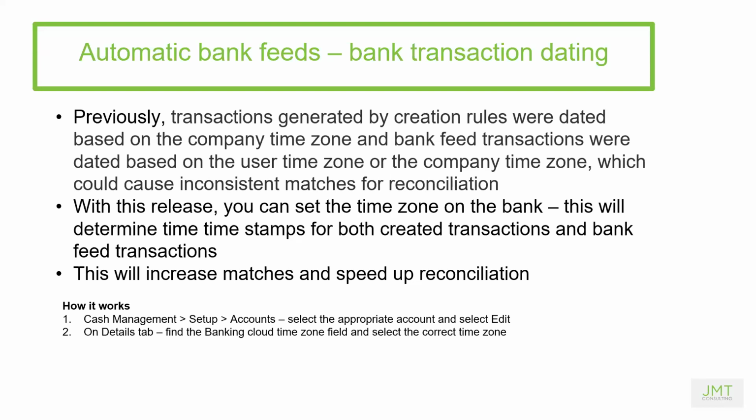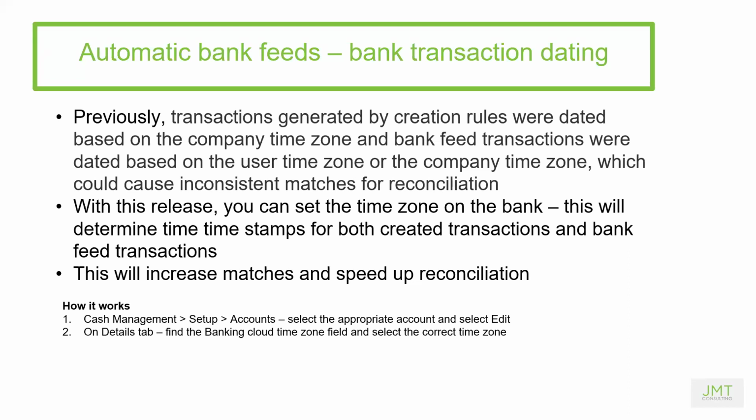So where can you see that on the banking record? The way it works is you have to go to cash management to set up the checking account. You select the appropriate checking account, and on the very first tab, you have to find the banking cloud time zone field and add the corrected time zone.